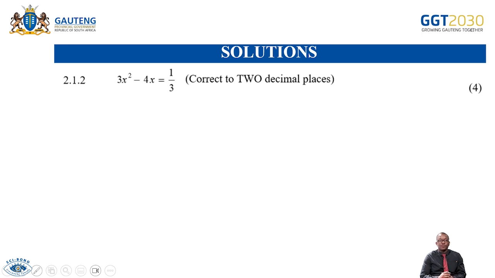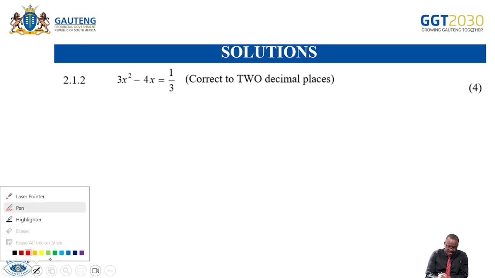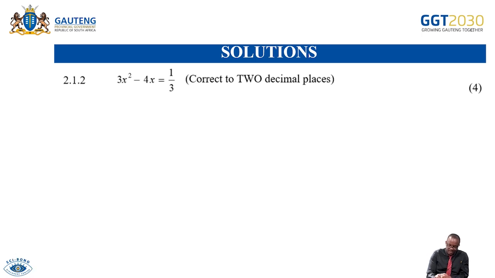Now, moving forward to 2.1.2. They're saying 3x squared minus 4x is equal to 1 over 3, and correct to 2 decimal places. You mean your answer must be corrected to 2 decimal places. So, grade 11, we have 1 over 3 there.